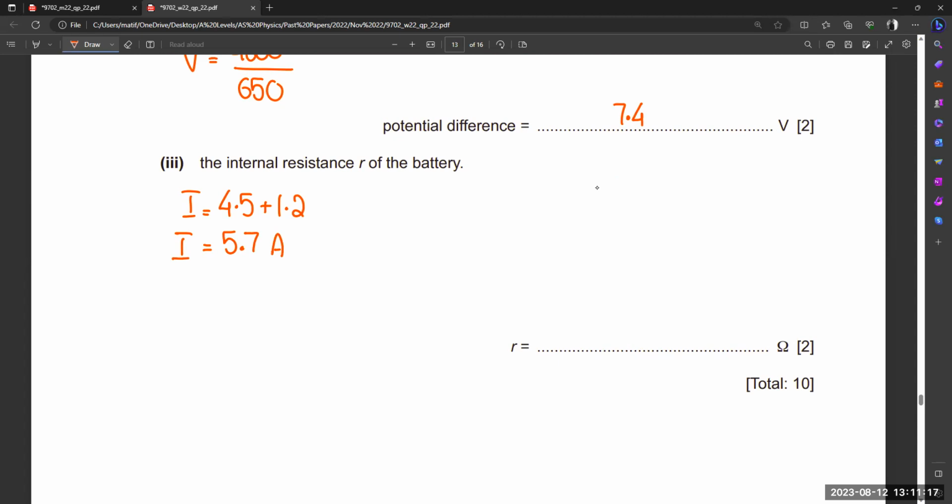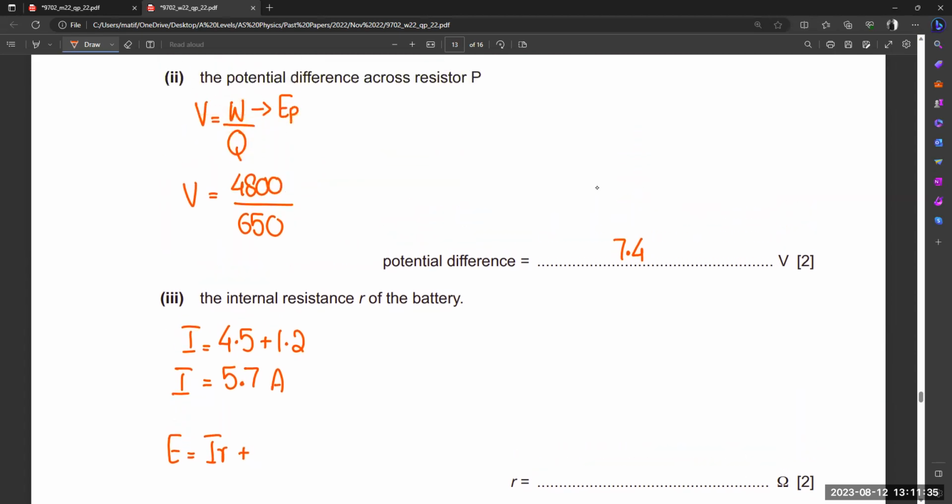So now what we need to do: E, the value of the EMF, is equal to IR plus Ir, where IR is the potential difference that we get, because potential difference remains the same throughout the parallel part of the circuit, right? So if we calculate the potential difference across P, that is 7.4. It will also remain the same for the next resistor, that is Q, because in parallel combination, the potential difference remains the same.